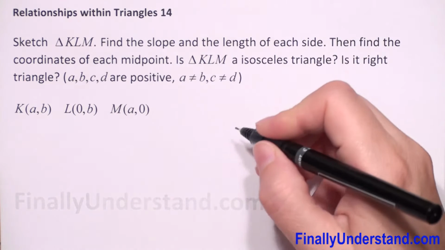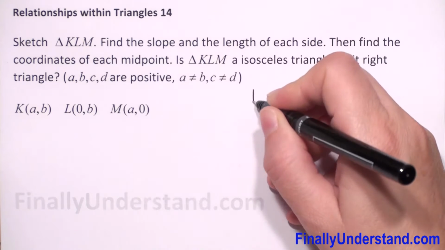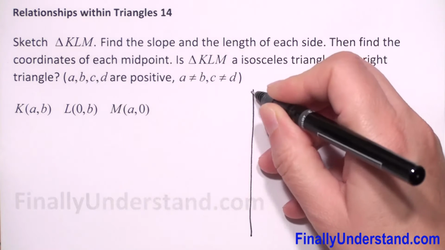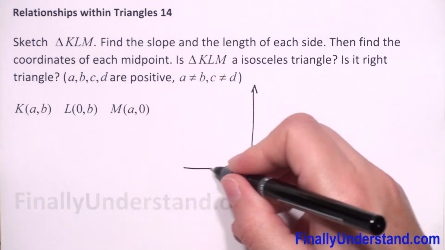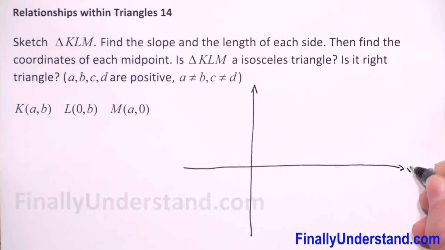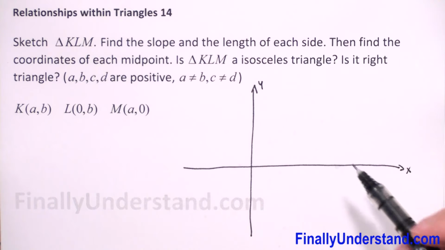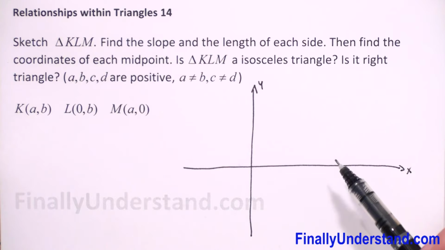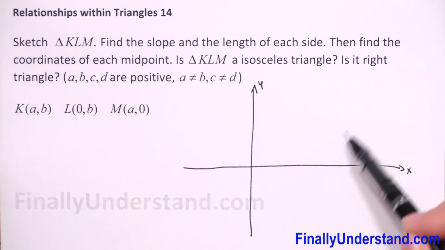So first let me draw the XY plane. Because A and B are positive, we have to put our triangle in the first quadrant.